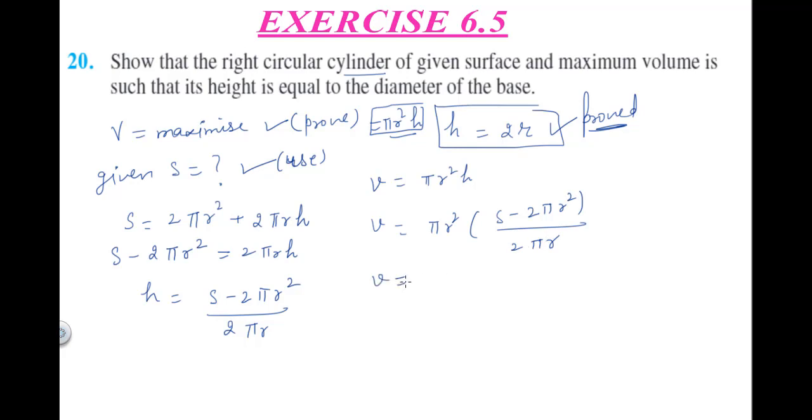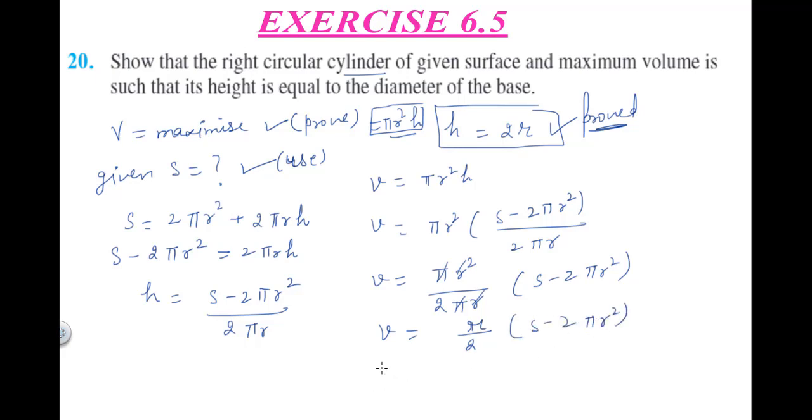So just to see, V is equal to pi r square upon 2 pi r multiplied with s minus 2 pi r square. So r and r get cancelled, pi and pi will get cancelled. So V is equal to 1 upon 2, or I can write r upon 2, into s minus 2 pi r square.